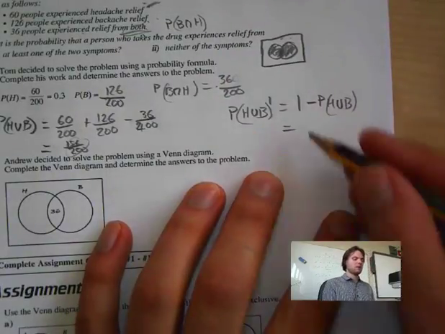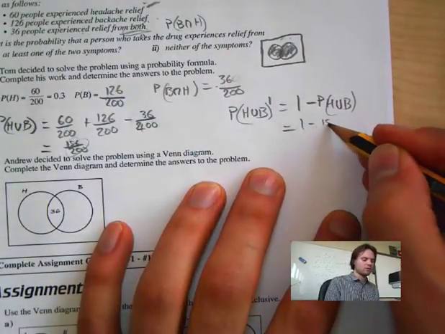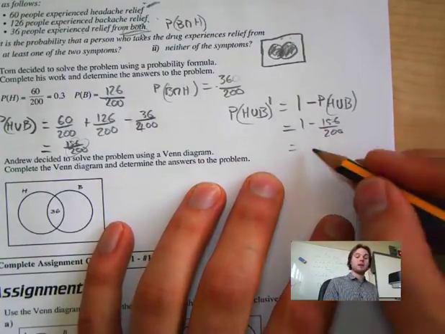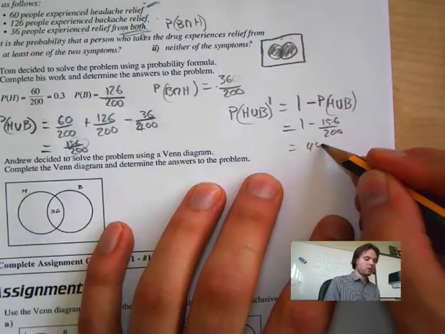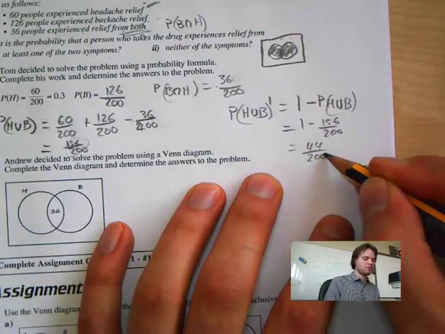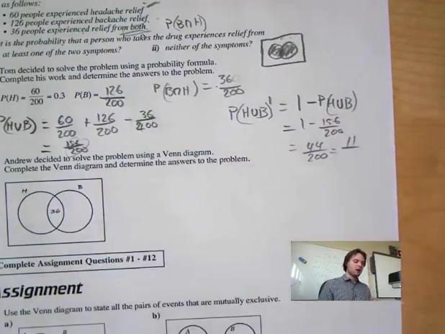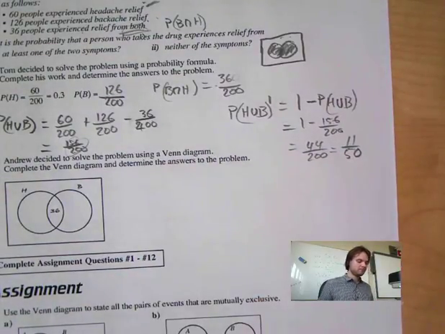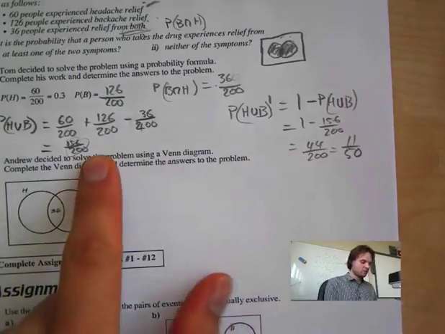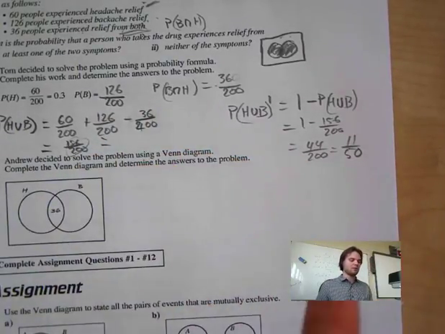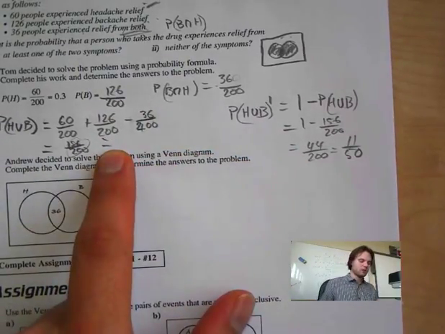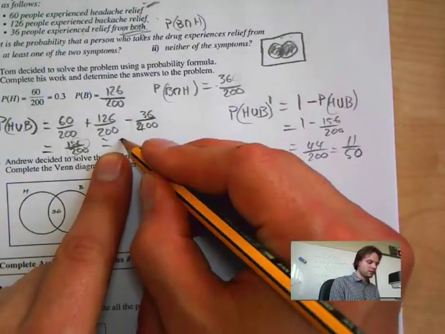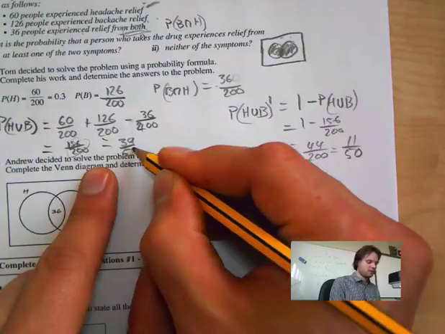Well, that's going to give me 1 subtract 156 out of 200, which is the same thing as 44 out of 200, which is the same thing as 11 out of 50. Okay? So if that's 11 out of 50, this is going to be 39 out of 50 if it's simplified.